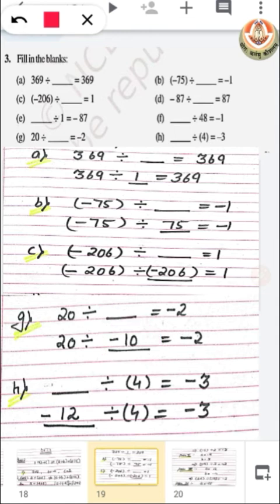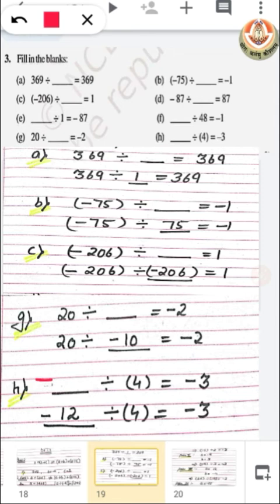H part, by 4 we have to divide which number to get -3. So we need minus in the answer. We have minus in the answer, so we should have negative in this number, and 12 will be the answer.